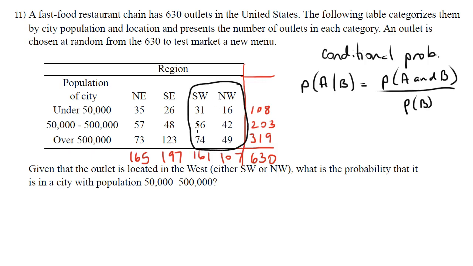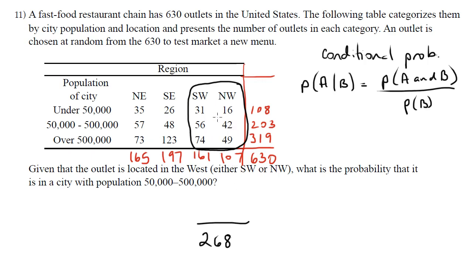I'm only considering these. Out of these 268 outlets, how many of them are in a city with population 50,000 to 500,000?